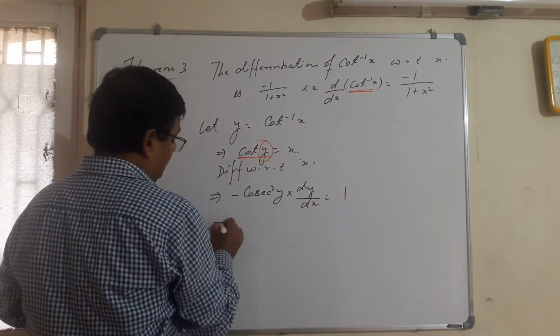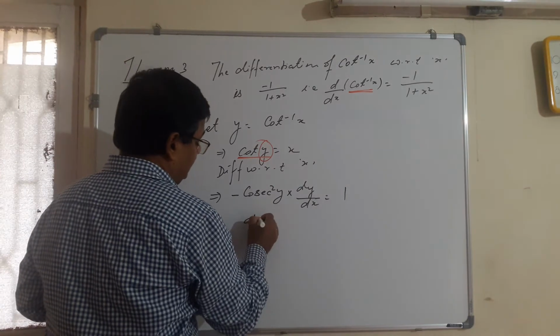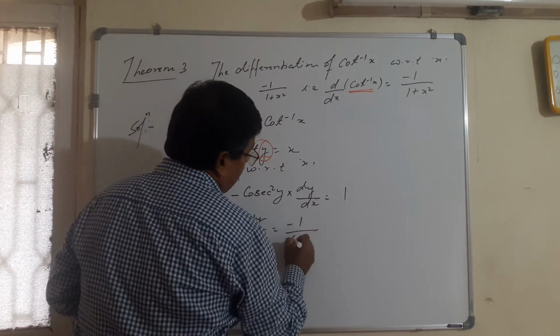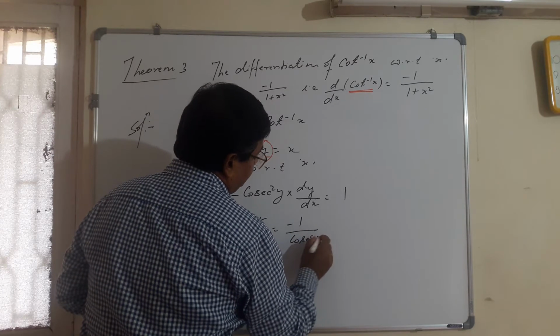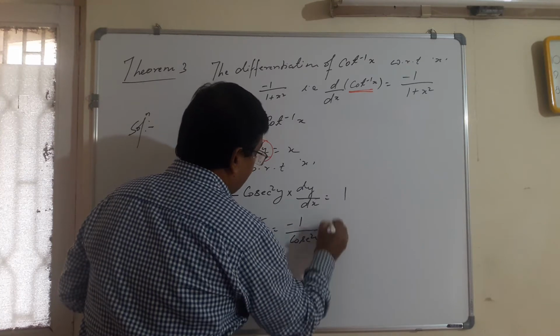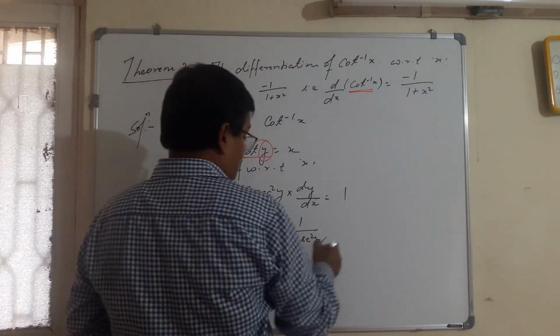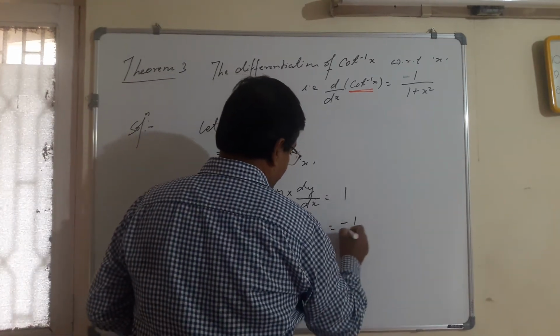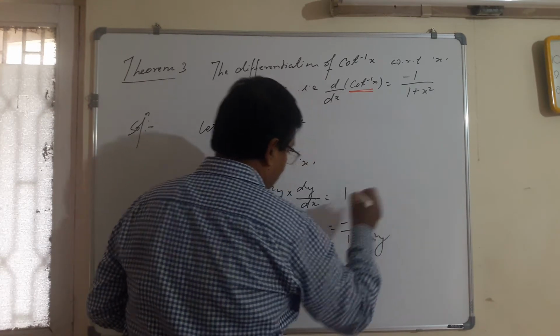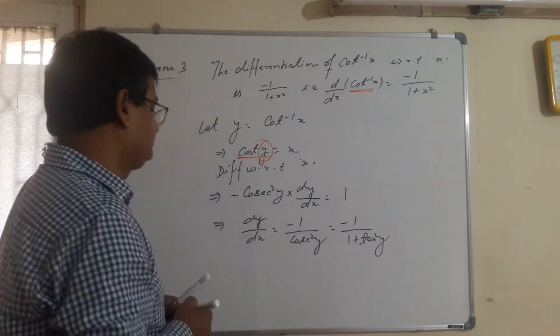So it implies here dy by dx is equal to minus 1 over cosec square y. So cosec square y, here 1 plus cot square y is equal to cosec square y.